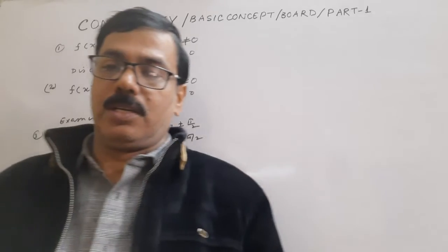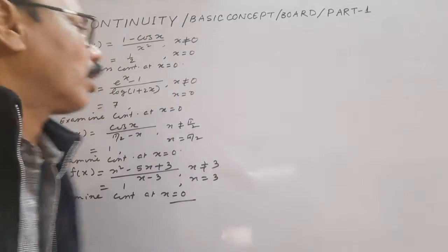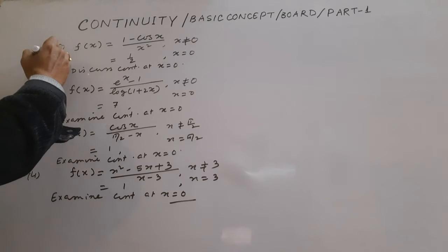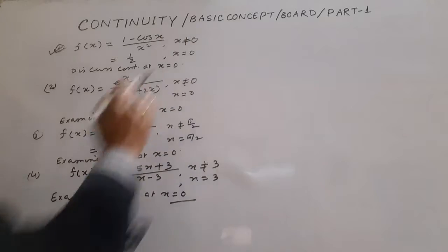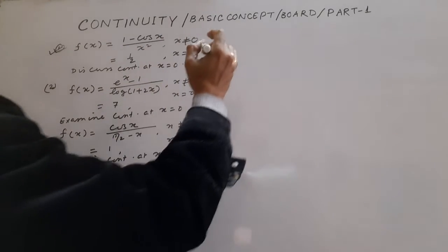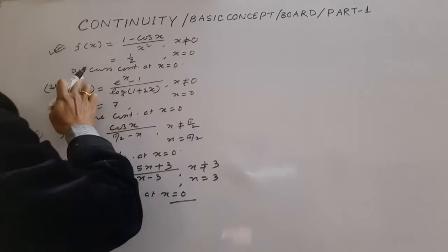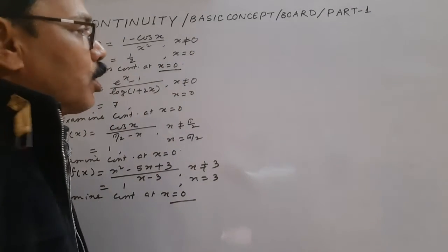Now we consider some simplest problems. f(x) equals (1 minus cos x) by x square, x not equal to 0, and half at x equals 0. Verify continuity at x equals 0.